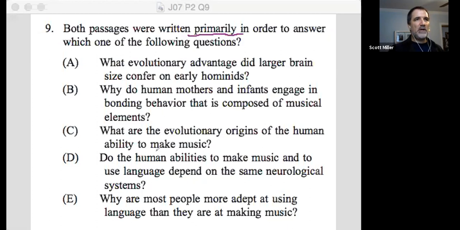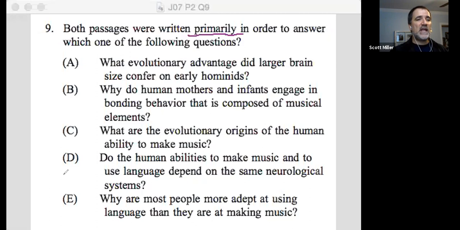Did anything pop into your head when you read that question? Both passages were written primarily in order to answer which of the following questions. Maybe music popped into your head. Well, they're talking about music and evolution, or is music important? Something like that. So hopefully music popped into your head too.